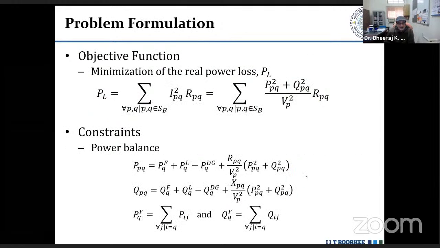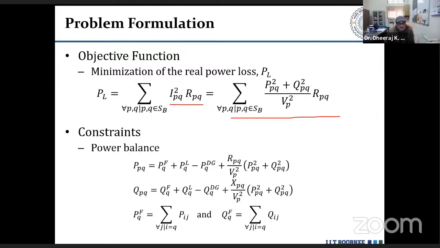And now we can compute the losses. Losses for one branch is simply I square R, and then we can take the summation over all the branches. So this is the final expression for losses in the system in the form of power flow.